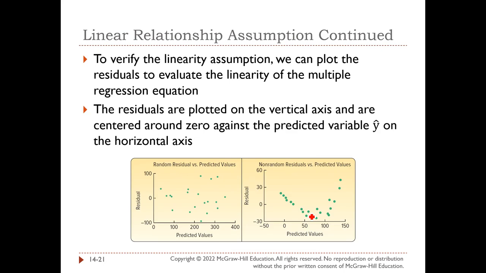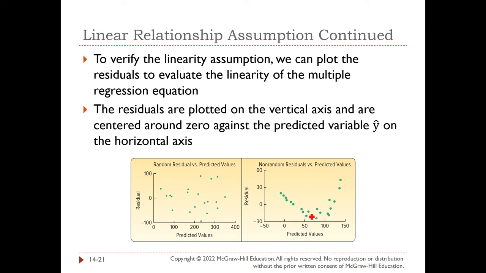So, to verify the linearity assumption, we can plot the residuals to evaluate the linearity of the multiple regression line. The residuals are plotted on the vertical axis and are centered around 0, against the predicted value y hat on the horizontal axis. Again, the plot on the left shows the residual plot for the home heating cost example.